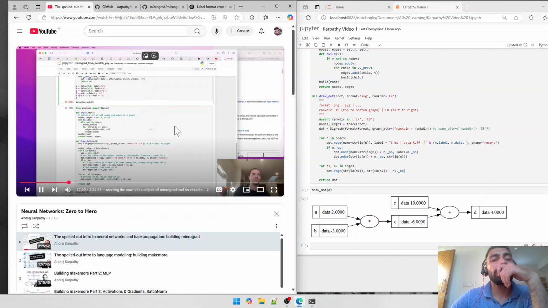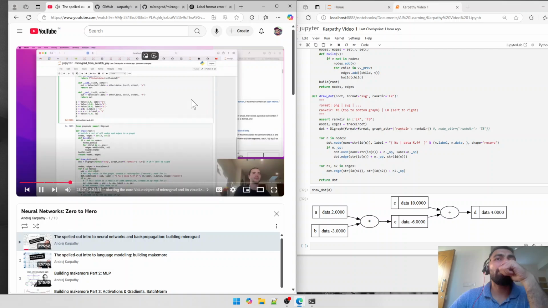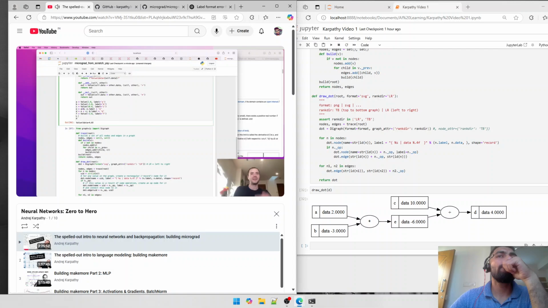And finally, let's make this expression just one layer deeper. So D will not be the final output node. Instead, after D, we are going to create a new value object called F. We're going to start running out of variables soon. F will be negative 2.0, and its label will, of course, just be F. And then L, capital L, will be the output of our graph.